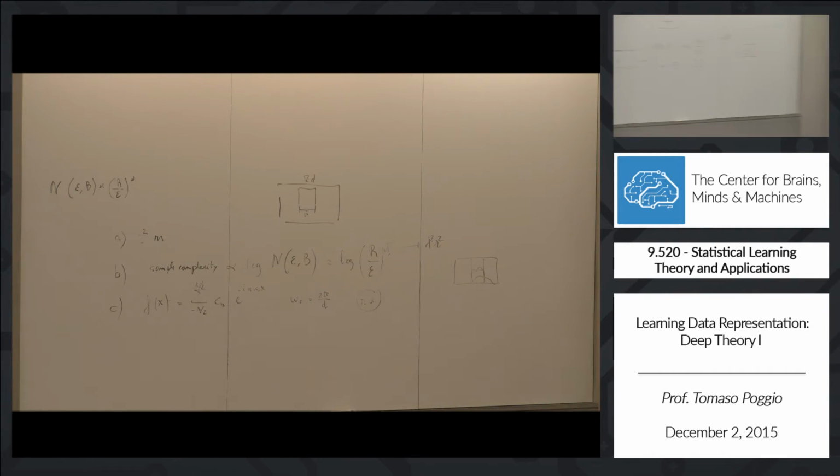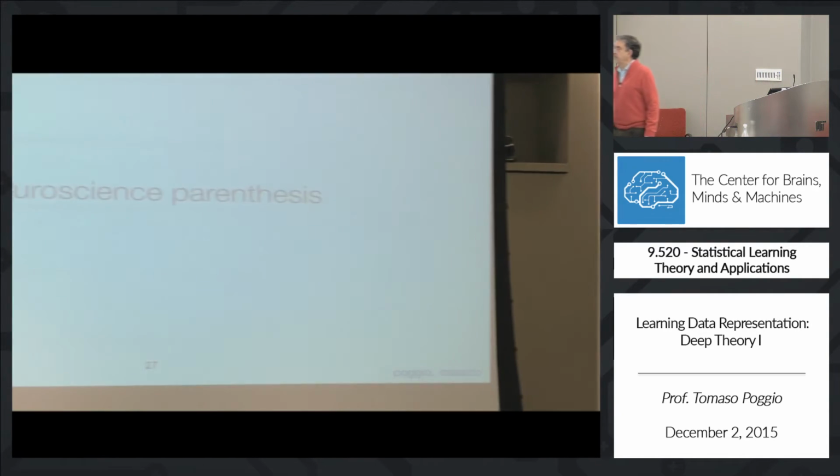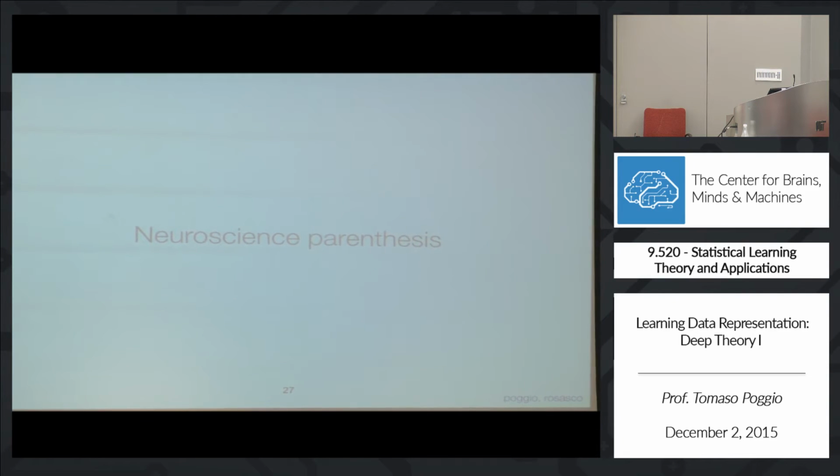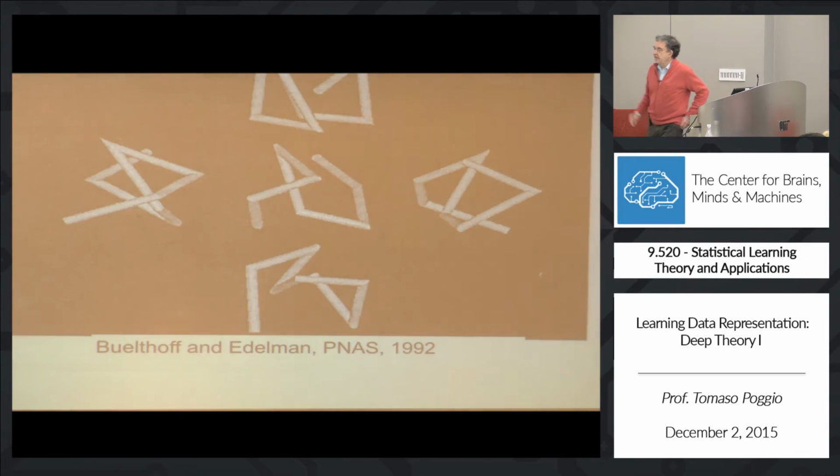Now the question is how can you get an invariant representation? And before doing that, let me mention another reason why this is interesting. This question of invariance is interesting from the point of view of neuroscience.